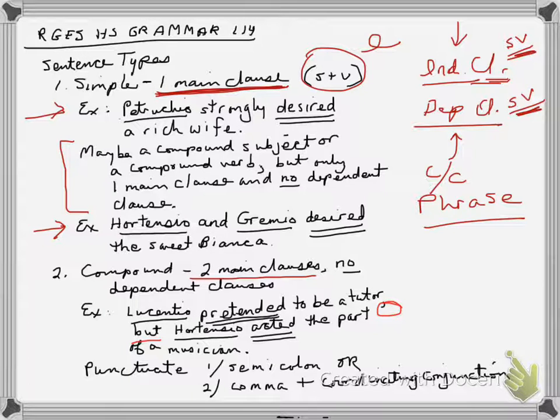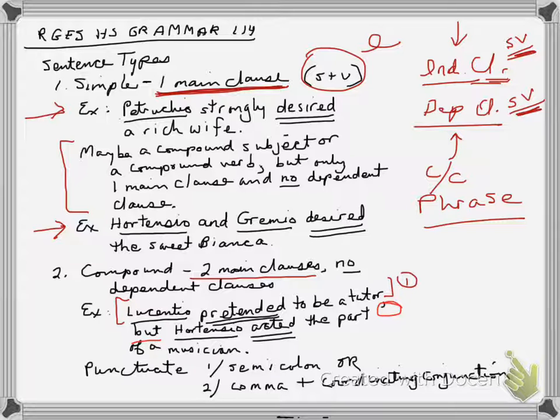Now, in the second example, the compound sentence has two main clauses and no dependent clauses. Here's an example. Lucentio pretended to be a tutor, but Hortensio acted the part of a musician. The first main clause is Lucentio pretended to be a tutor.